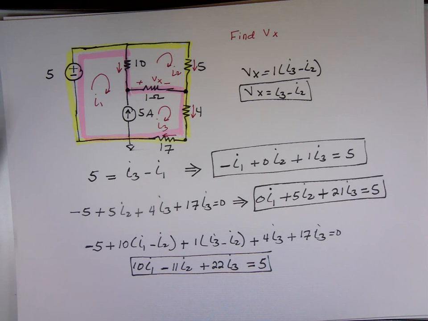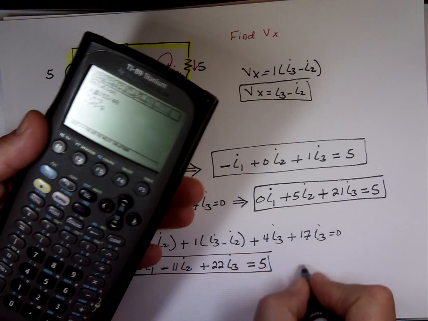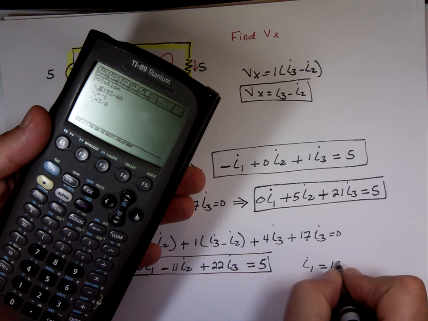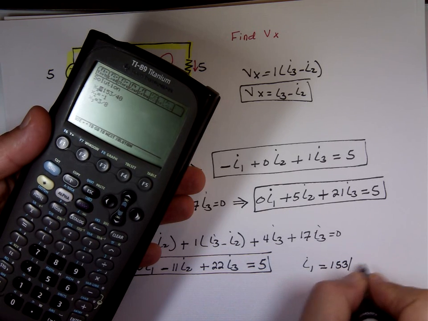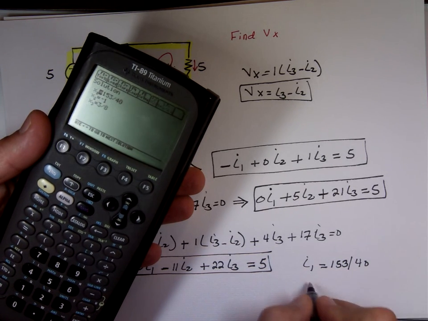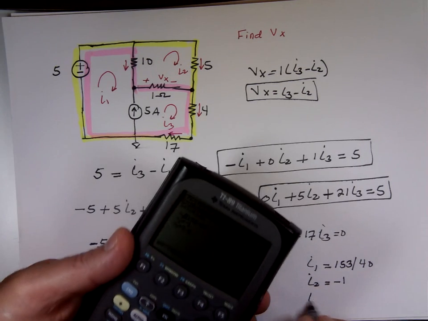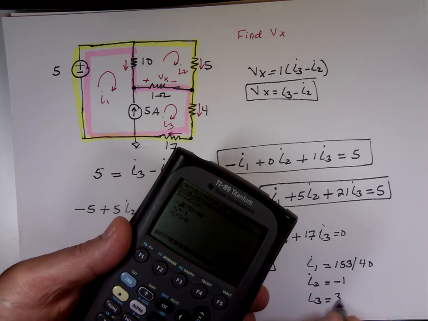Solve. I sub 1 equals 153 over 40. I sub 2 is equal to -1, and I sub 3 equals 3 over 8, which I think is 0.375, 3 over 8. I think it is.